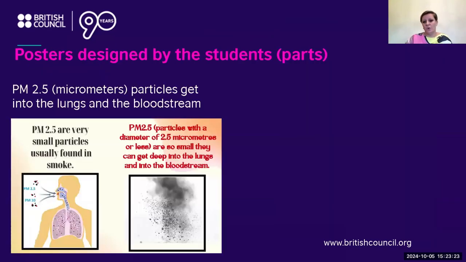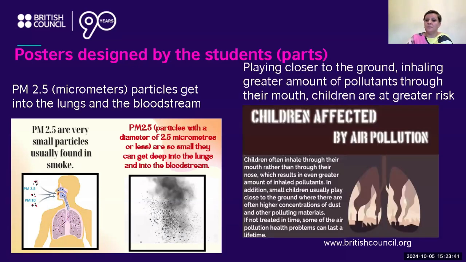What they taught us is that PM 2.5 particles, which are 2.5 micrometers in diameter, are found in smoke, and that they get into the lungs and the bloodstream. We learned that children are at much greater risk because they play closer to the ground where the concentration of polluting materials is higher, and children breathe through the mouth rather than their nose, which results in an increased amount of inhaled pollutants.